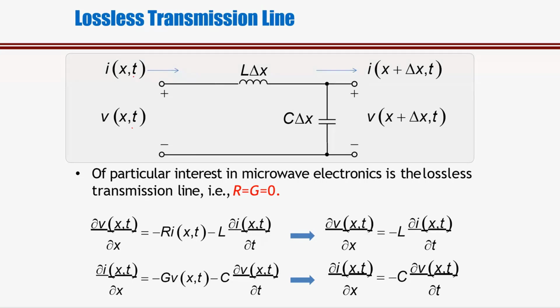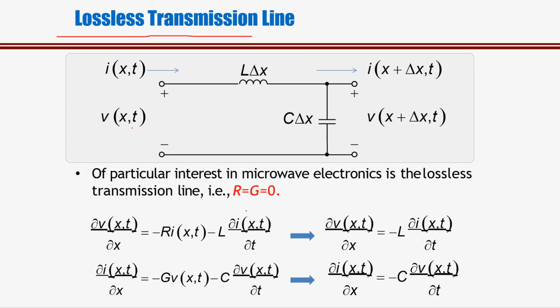And that resistance is because of the wire used for transmission of the signal. If that wire is very pure, or if the medium is also pure, then the value of conductance is 0. If the wire is pure, the value of resistance is 0. Ideal cases. So when R and G are both 0, we call that line a lossless transmission line.